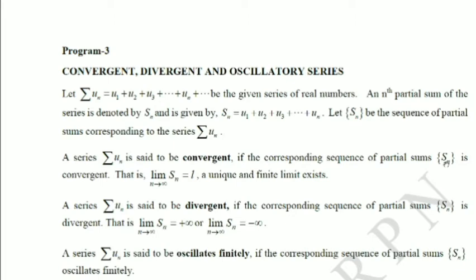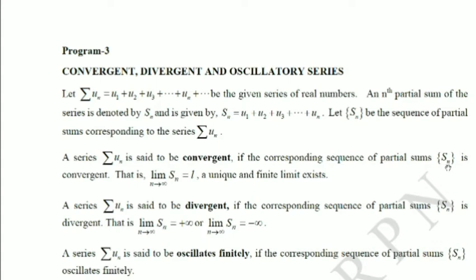And we knew that a sequence is convergent if the limit as n tends to infinity of the nth term, Sn, gives you a unique and finite limit. Then we say this sequence is convergent.